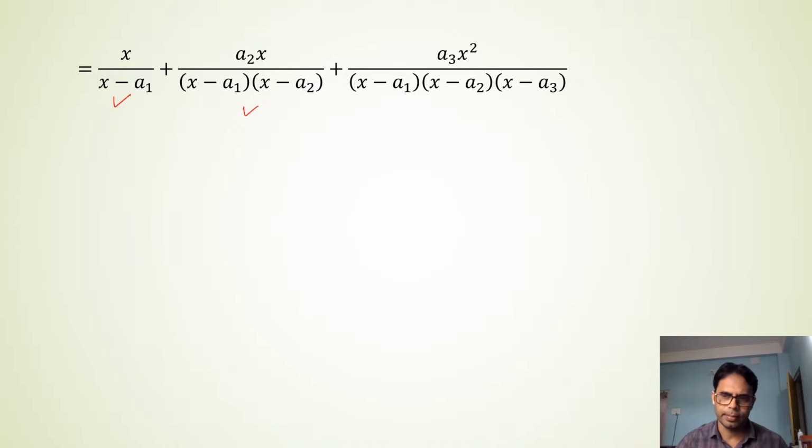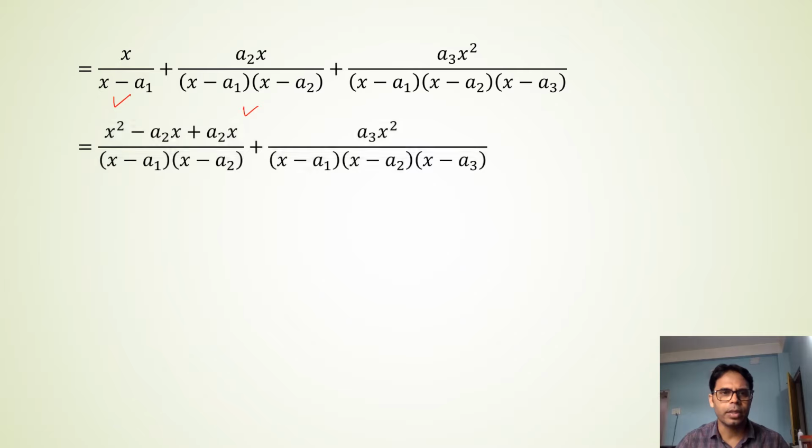After taking LCM in these two, in the numerator this term is multiplied with this, that is x square minus a2x, plus the term a2x. This a2x is cancelled, and the last term remains the same.